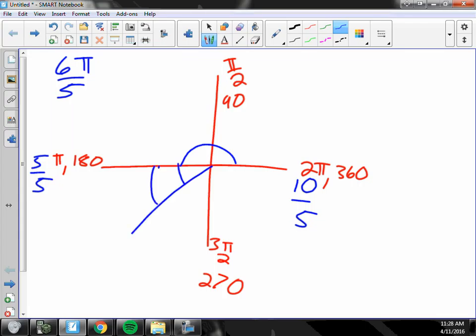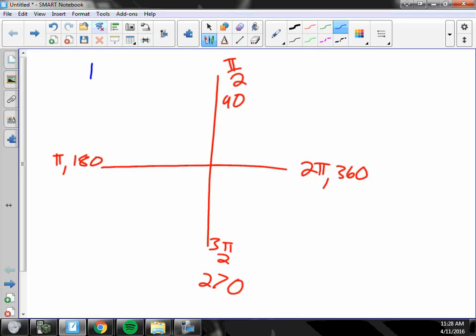So the reference angle is just pi over 5, because I went 1/5 more than 5 over 5. So I have 6 pieces of a pizza, and the pizza contains 5 pieces, so I have 1 piece left over, 1/5 left over. Okay, what about 13 pi over 9?